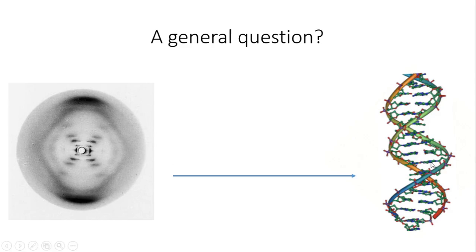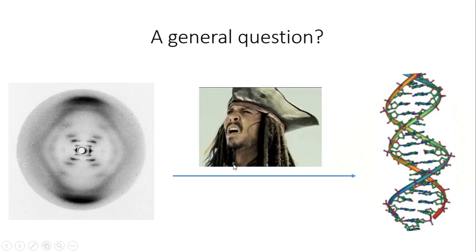What we usually see in a biochemistry textbook is this, and on the very next page you are shown this beautiful three-dimensional model. Now, just like Captain Jack Sparrow, I used to always wonder how people end up from here, from the diffraction pattern, to the model that has been published.